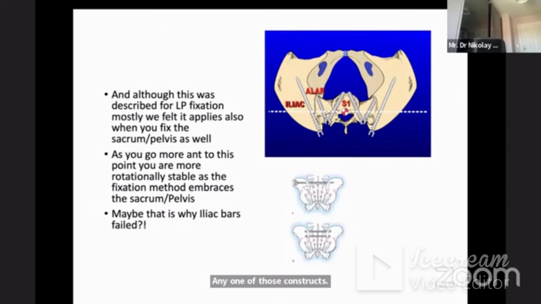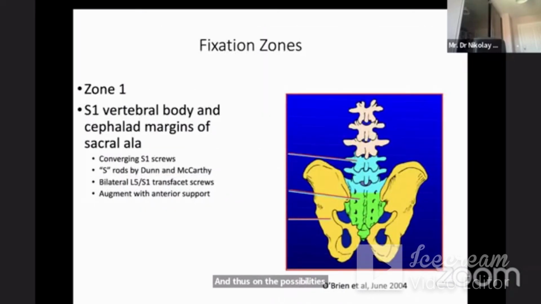And if it is completely posterior, like those sacral bars that I will describe in a few moments, that is why they always failed. Anything that is completely posterior to the pivot point has a question mark on the rigidity of fixation, and thus on the possibilities of union.